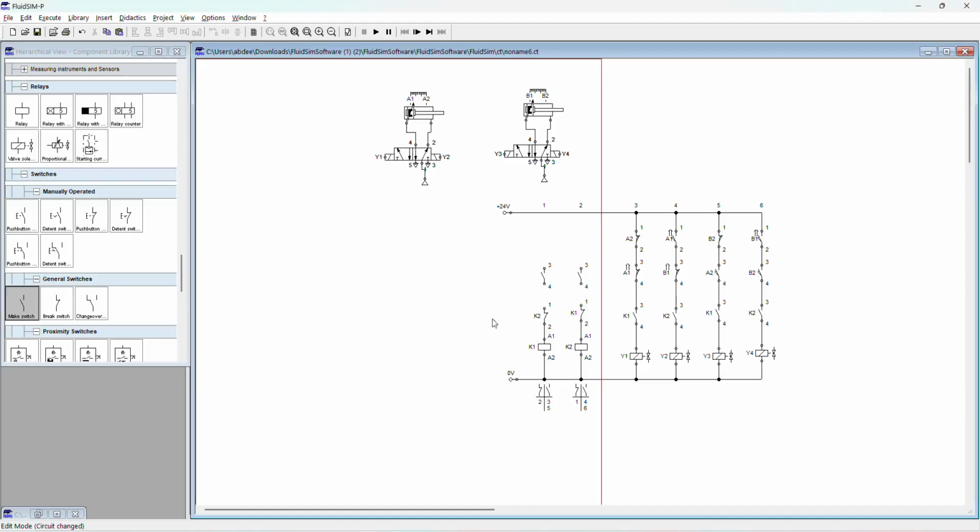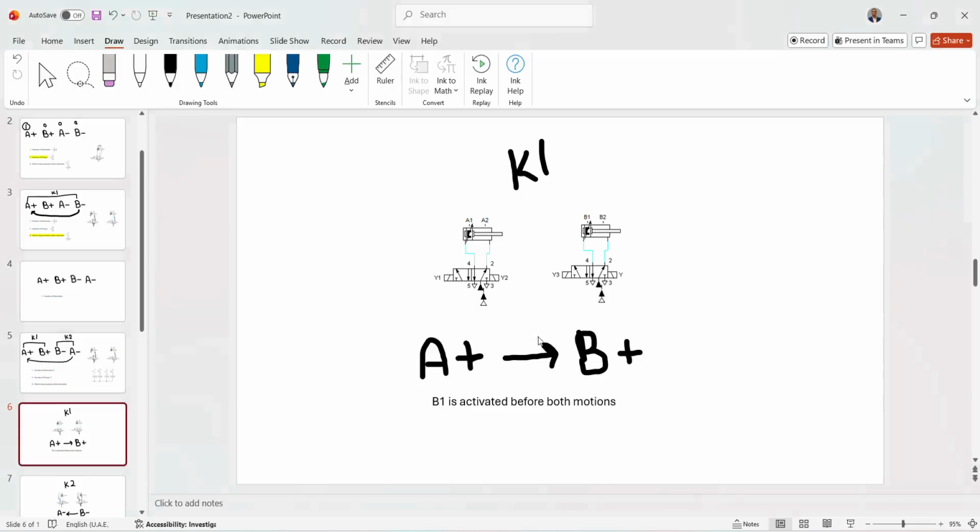Firstly, relay 1, K1, will look like this. So in relay K1, both cylinders will be retracted as shown here. In order to activate K1, we activate it either by A1 or B1. How do I know which one to put?